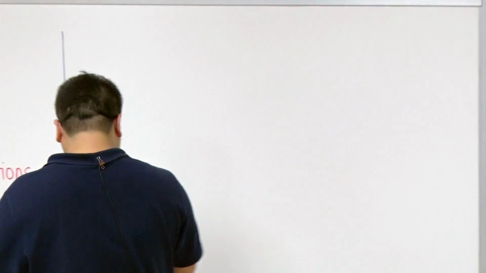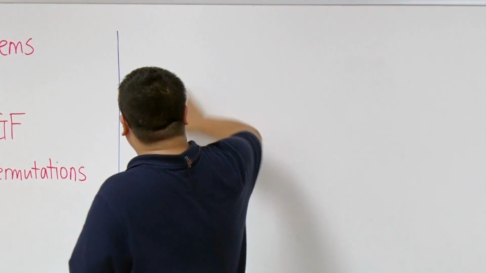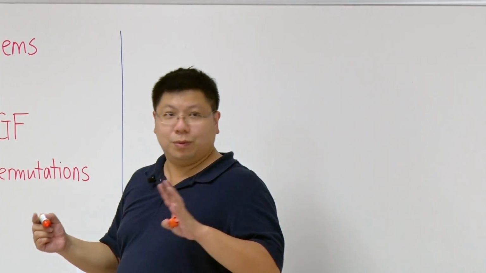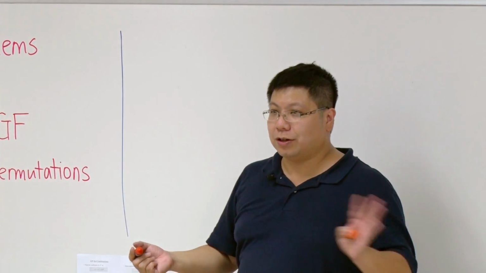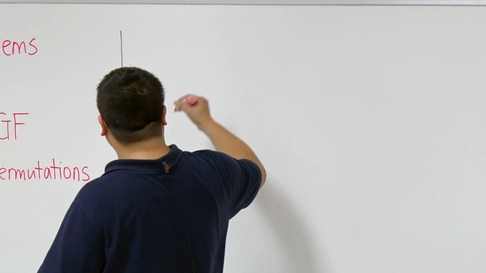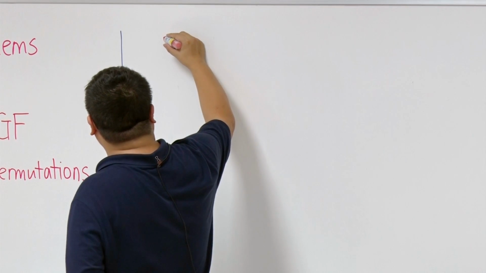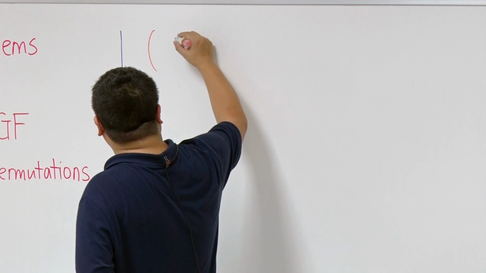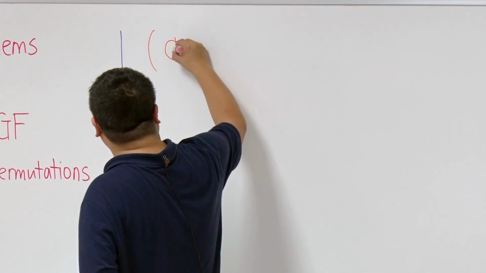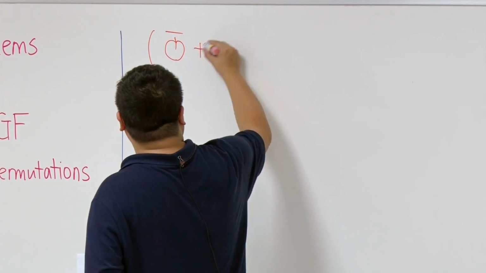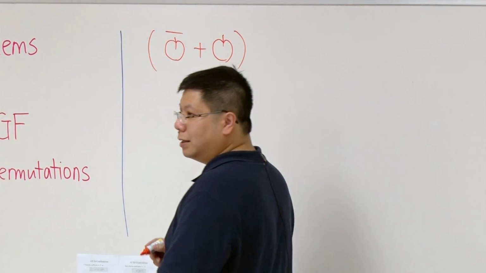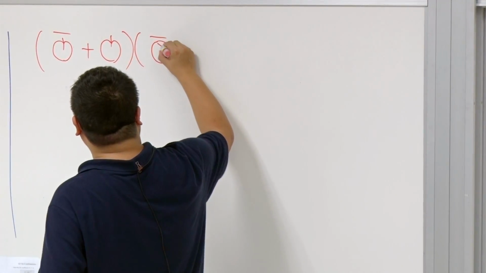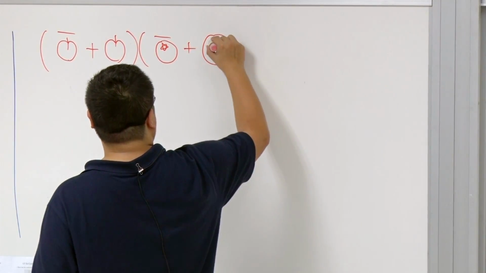Let's see why we can't use the normal generating function to help. If you still remember, let's say we have 1 apple and 1 orange, and we want to get the generating function of the combination of apples and orange. For 1 apple and 1 orange, the selection problem is like this: we have one way of selecting no apple, and one way of selecting an apple, multiplied with one way of not selecting any orange, plus one way of selecting an orange.